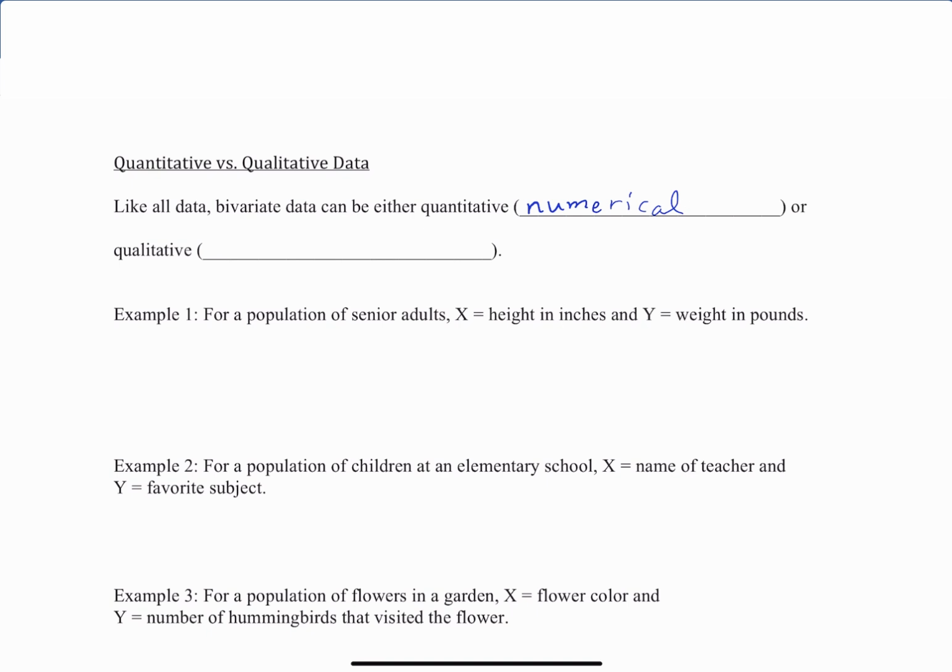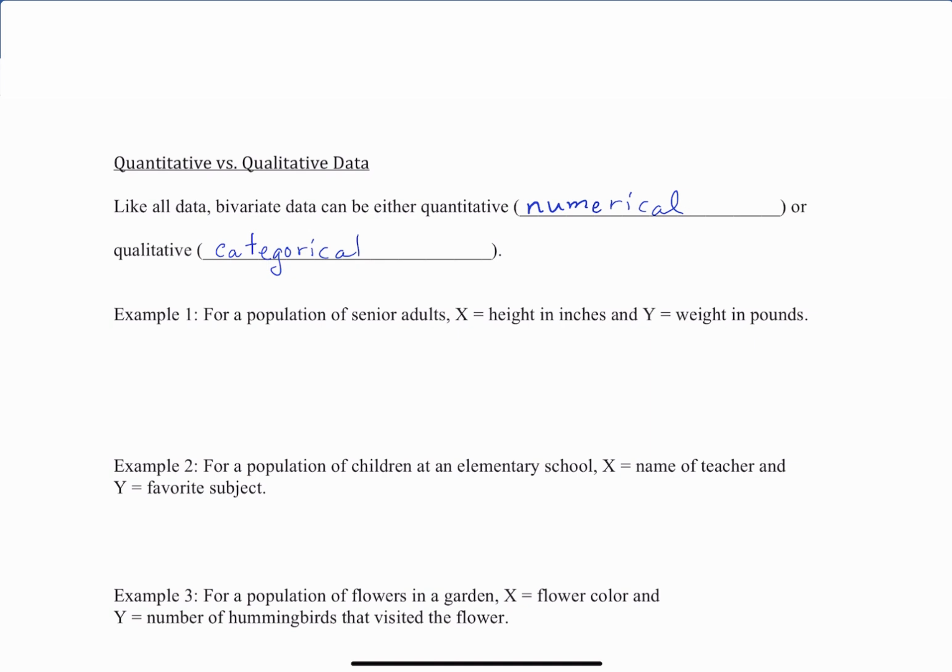Unlike with something, say, Social Security numbers, where it makes no sense to be happy that your number is bigger than your sister's number or something like that. So anyway, data can be either quantitative, numerical, or qualitative. And qualitative data, remember, is also called categorical data because it basically puts your data into categories.